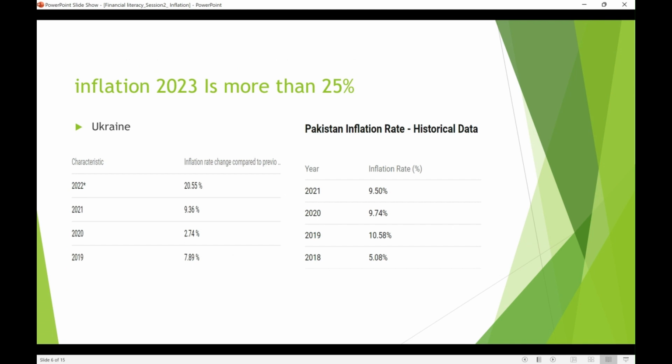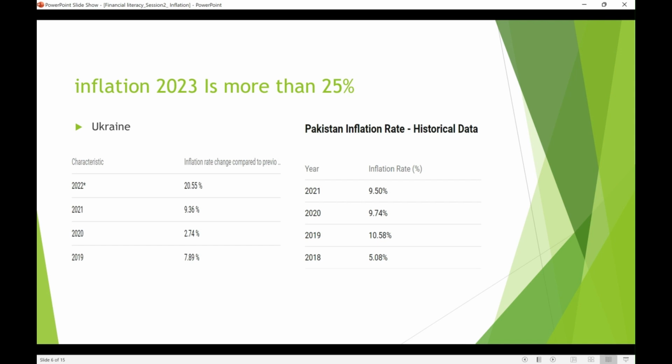And let's see the difference in the current situation, like the inflation rate. A very good example: inflation has been there for more than 100 years. But if you compare it with the war in Ukraine, inflation in 2019 was 7.89, which is pretty good. In 2020 it was 2.74, which means the economy was very good.